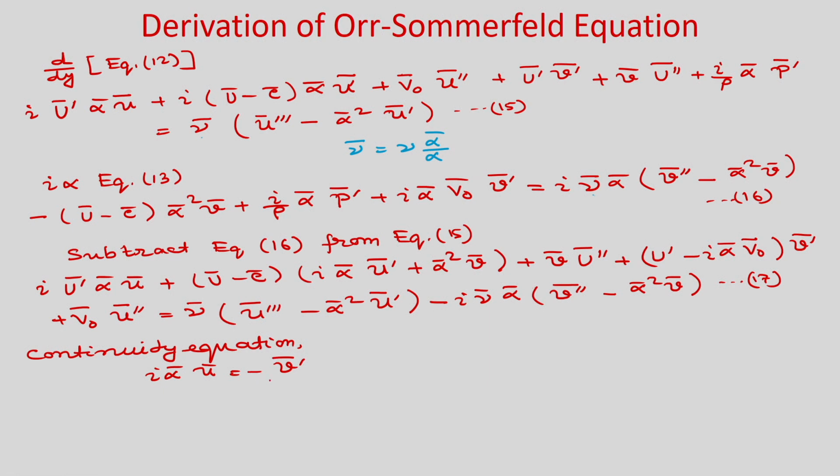So, you can see that we can write i alpha bar u prime bar is equal to minus v double prime bar, then i alpha u double prime bar is equal to minus v triple prime bar, and i alpha u triple prime bar is equal to minus v 4 prime bar. Okay. So, here let us substitute all these u in terms of v.